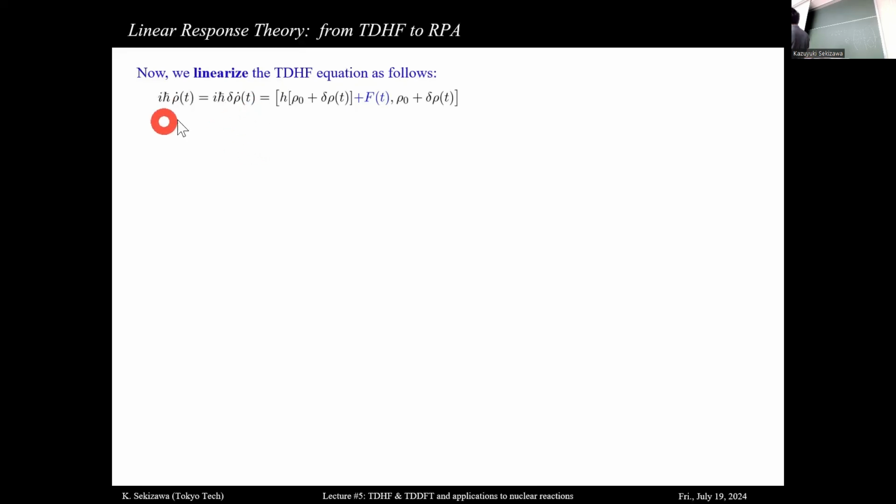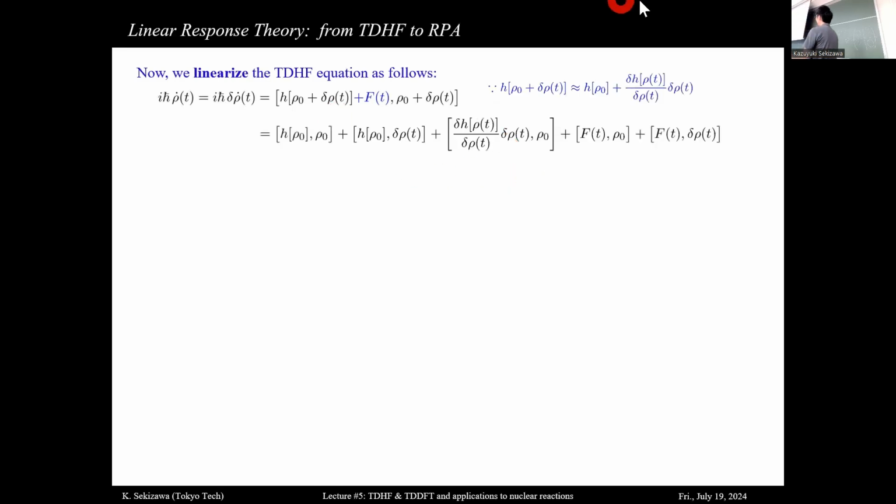Then the right hand side is here. I just put rho t here, this rho 0 plus delta rho. And then you can expand this right hand side in this way.